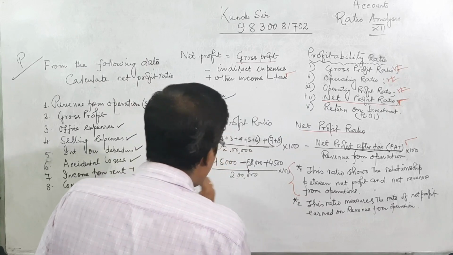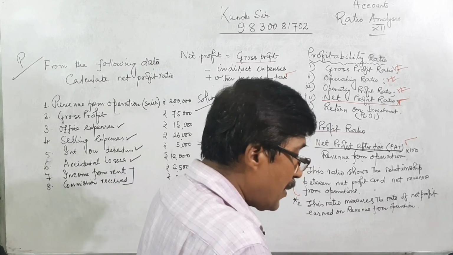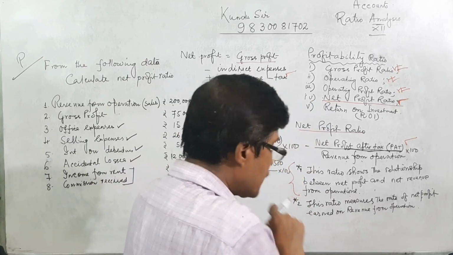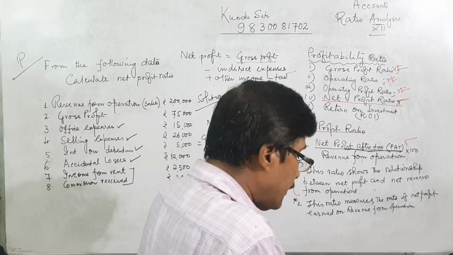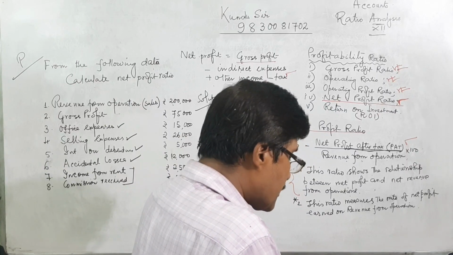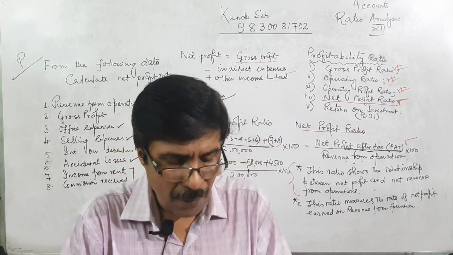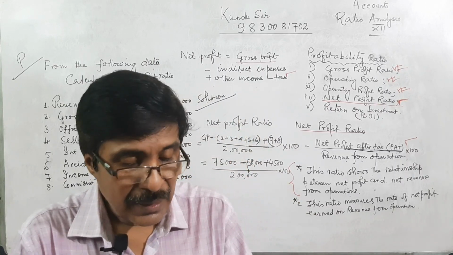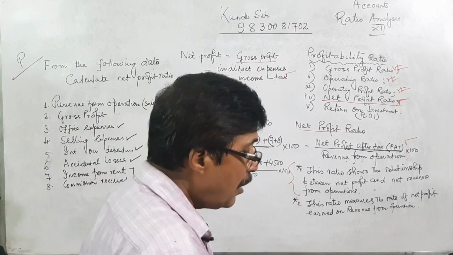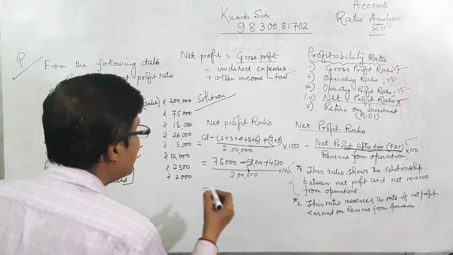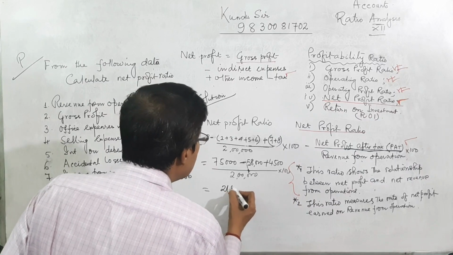Then what is the numerator here? 75,000 minus 58,000 plus 4,500 other income. The numerator becomes 21,500.